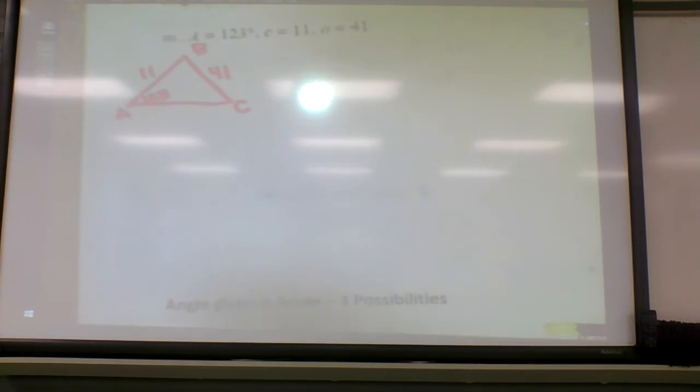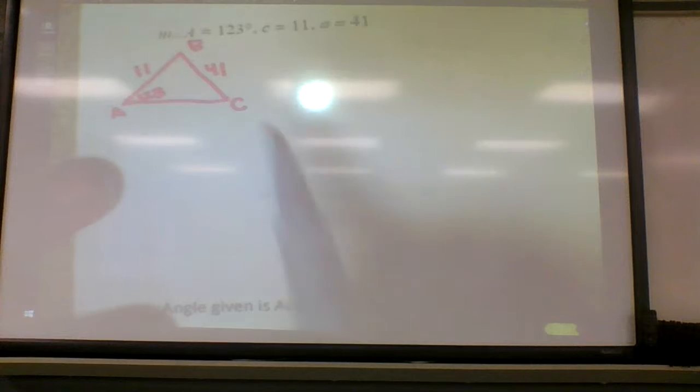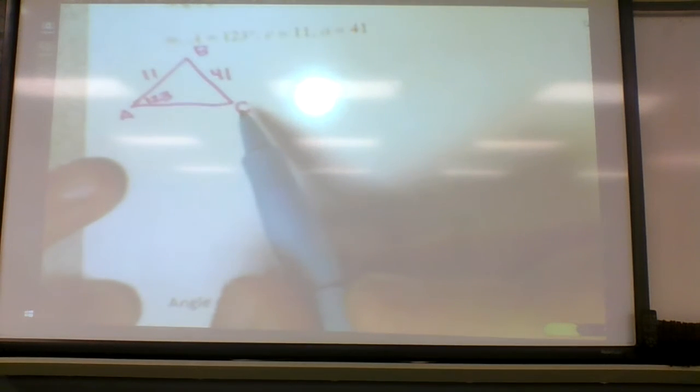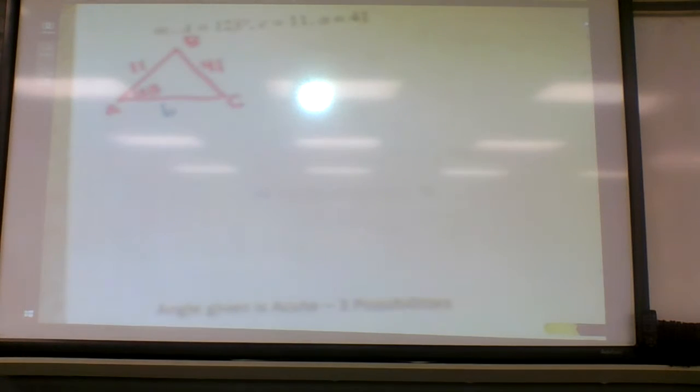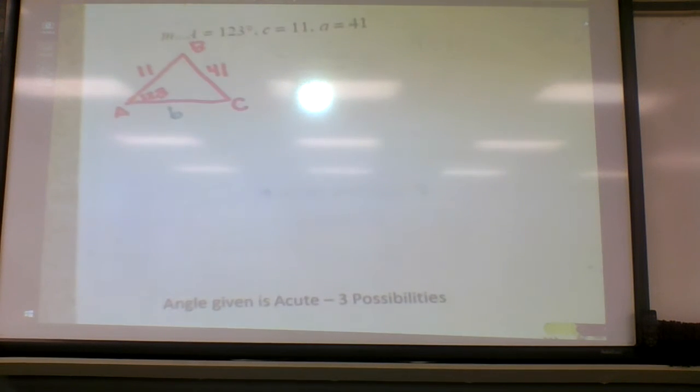All right, so we need to find angle B, angle C, and little b. So what of that would you like to find first? You do have to be careful because you should do this in a specific order. What should we find first?